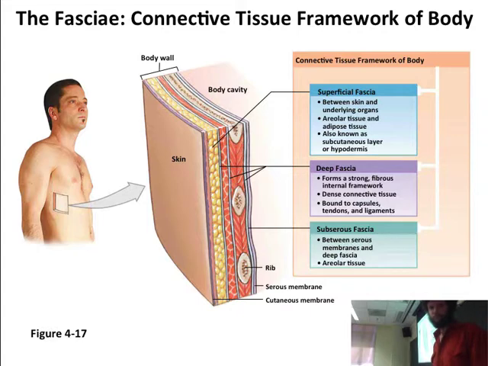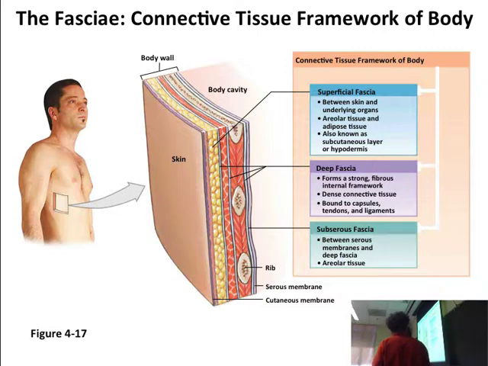The fascia is the connective tissue superstructure of the entire body. There is superficial fascia that is between the skin and the body wall.